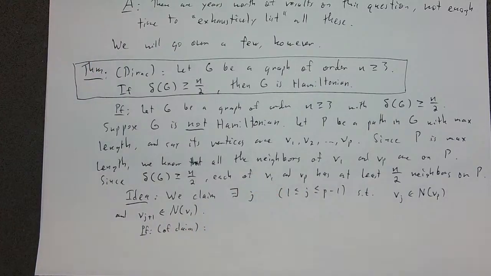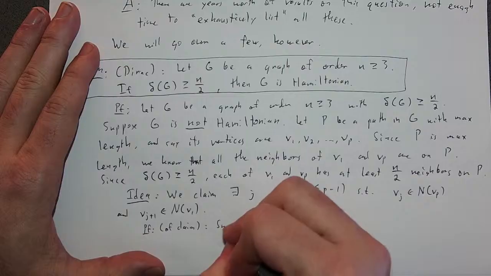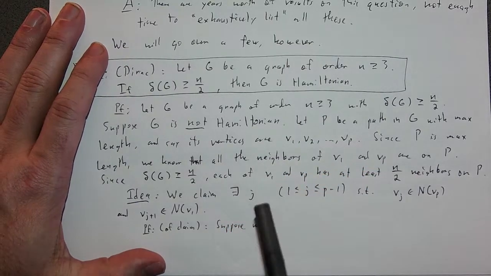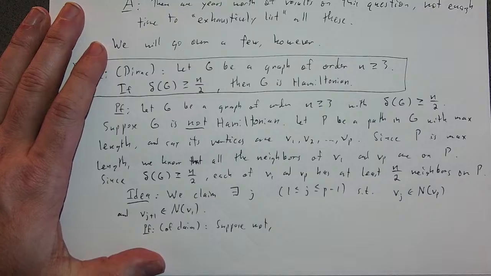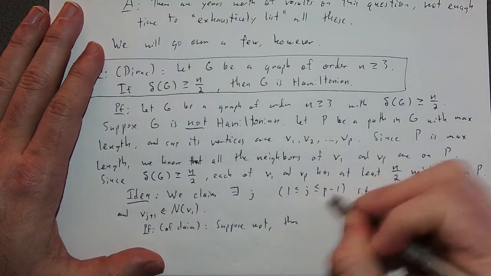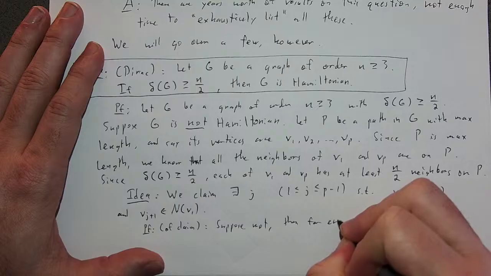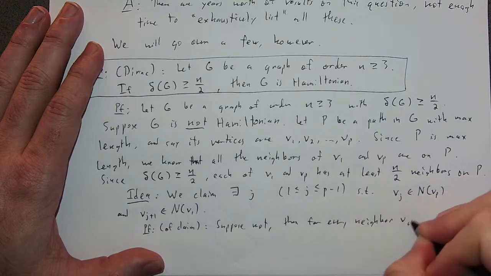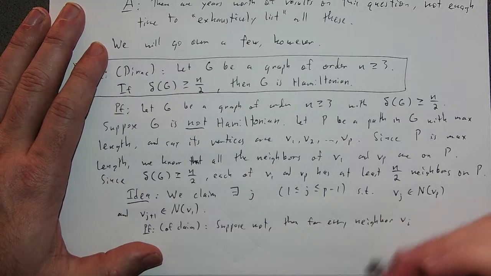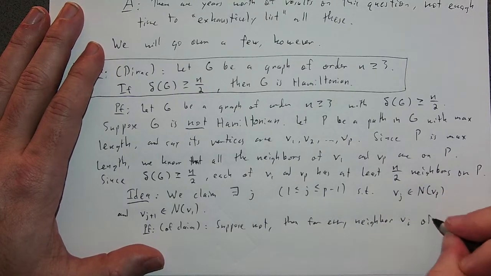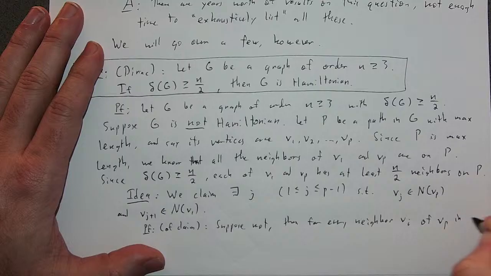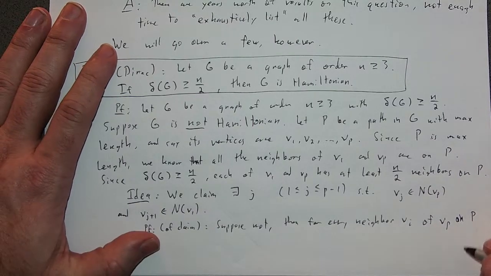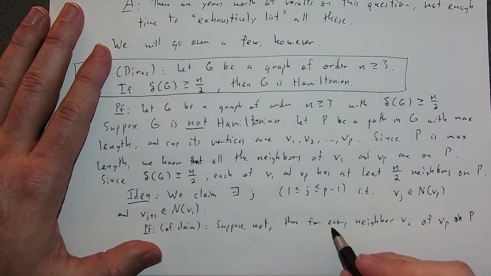Again, by contradiction, suppose this wasn't the case. So, suppose not. Then for every neighbor v sub i of v sub p on P, and of course, how many of these are there?